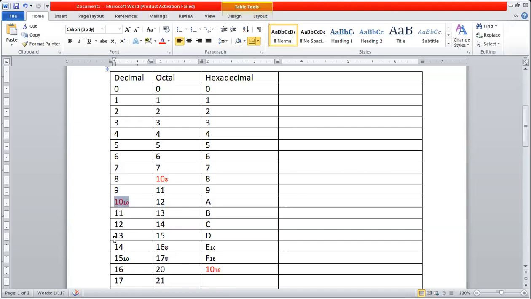Have you understood? I will repeat. Now I want to give you a decimal number of rupees 12. How much do I have to pay you in octal number? 14. Yes. And then in hexadecimal number? C. Yeah. That is it. It is simple, right?